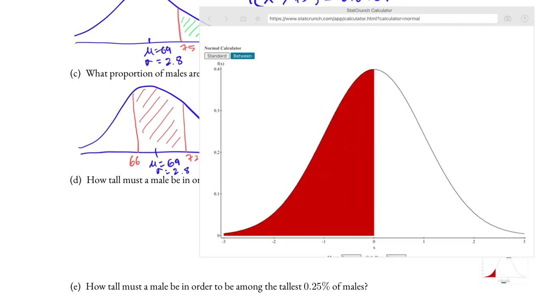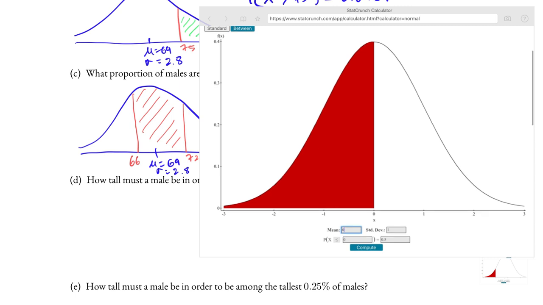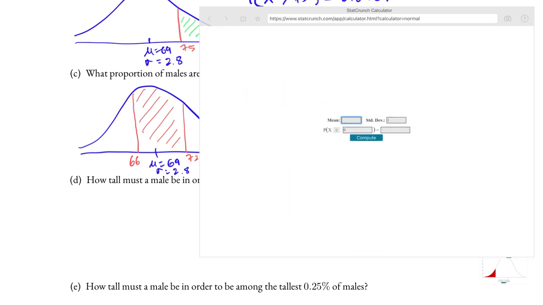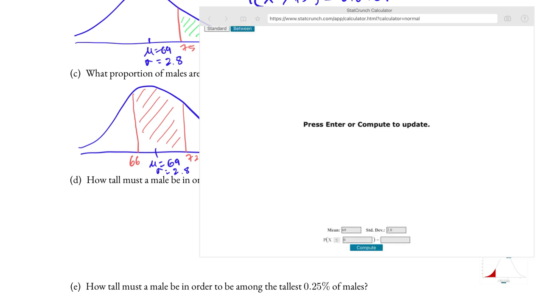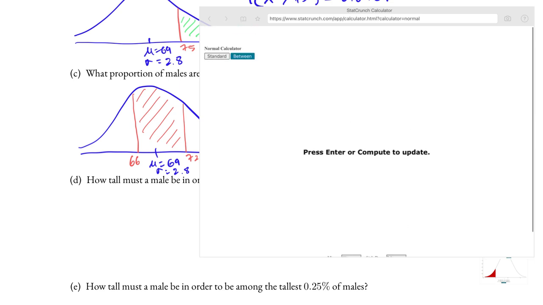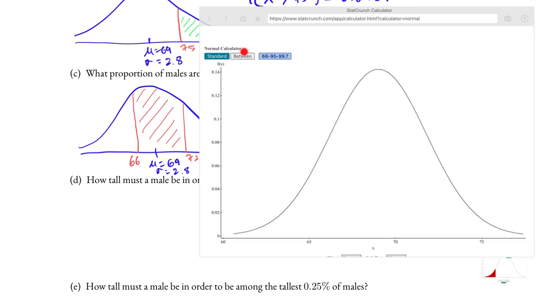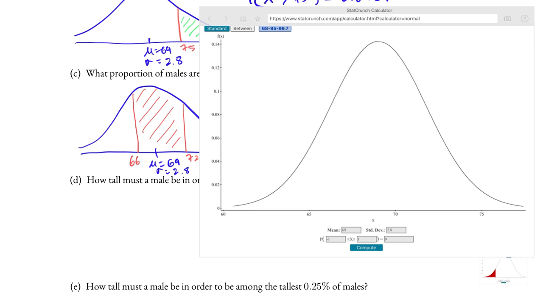Using the calculator, we would input the mean 69 and the standard deviation 2.8. This time, we want the value between. There is a feature on the upper left corner of the StatCrunch calculator, and it gives us between. And so click between.